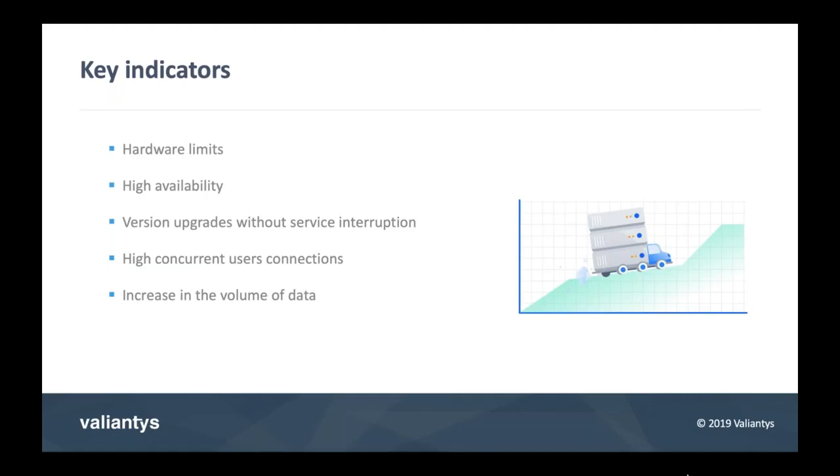Version upgrades without service interruption. This is what Atlassian calls zero downtime upgrades. I don't know if you have seen any of the features for Data Center, but this is a very interesting one for clients that don't have the luxury to have Jira down for a few hours during the week or weekend.